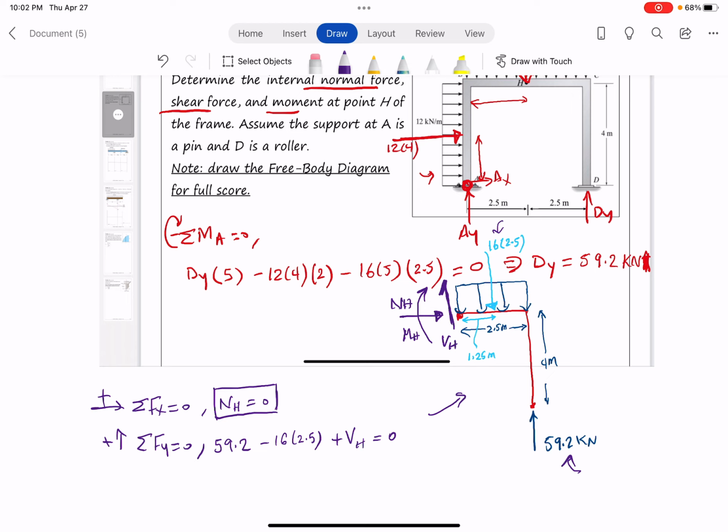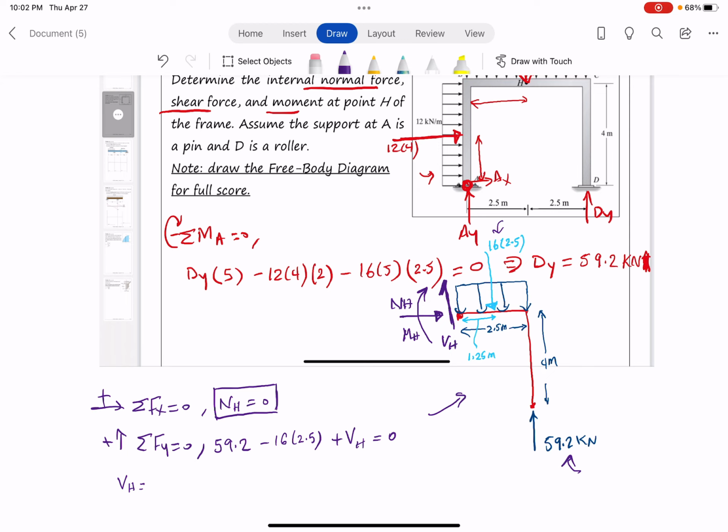So what is the value of VH? The shear force would be 59.2 minus 16 times 2.5. Let me just do it. That's going to be negative.